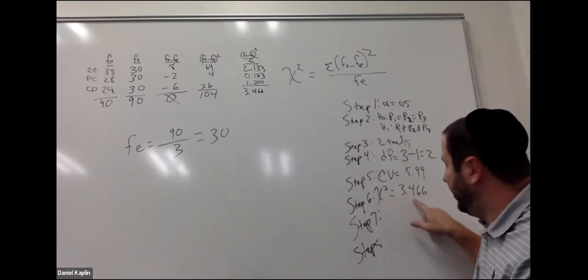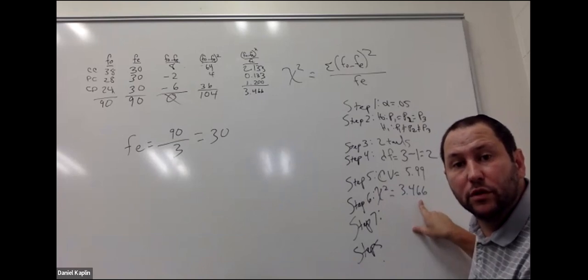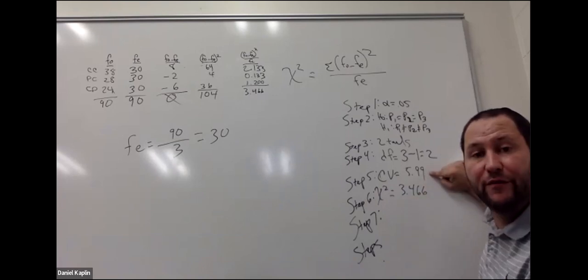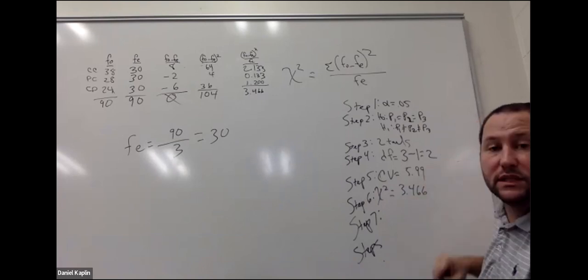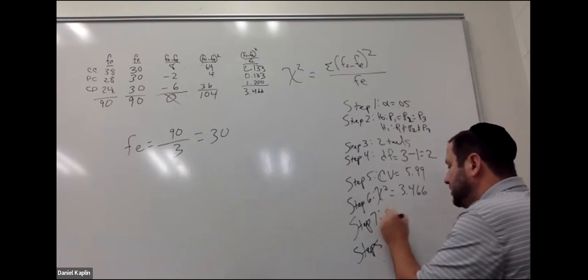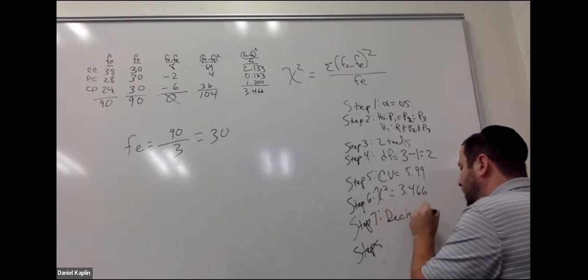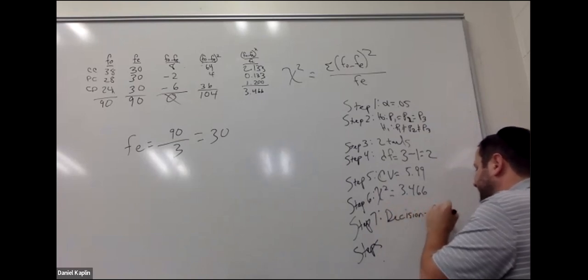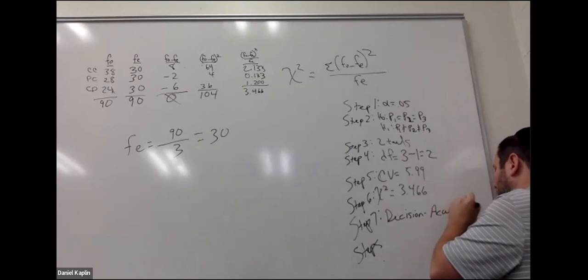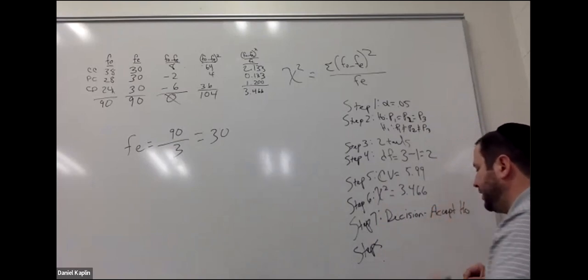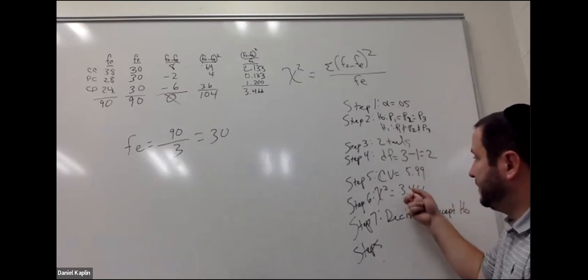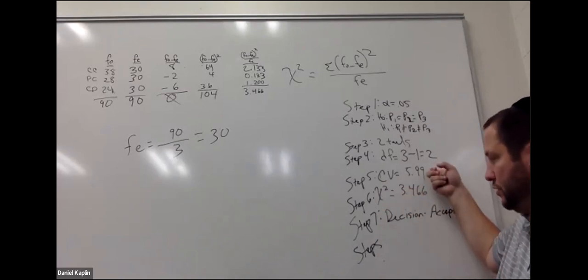So is 3.466 equal to or greater than our critical value of 5.99? The answer is no. So what's our decision? Our decision is now to accept the null. We have to accept the null because, again, our observed value is not equal to or greater.